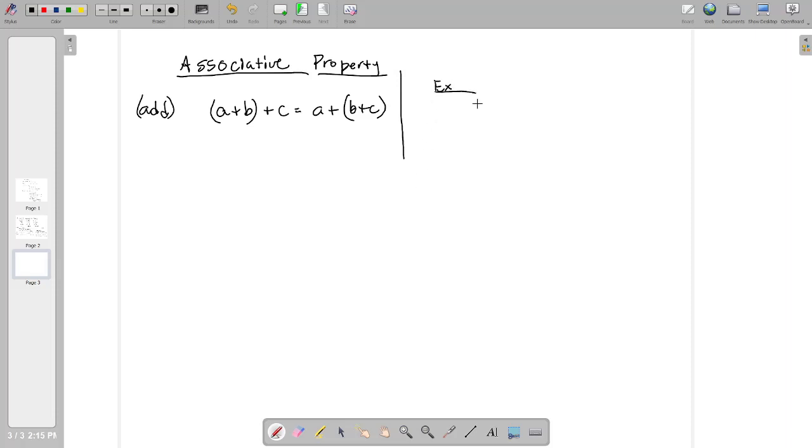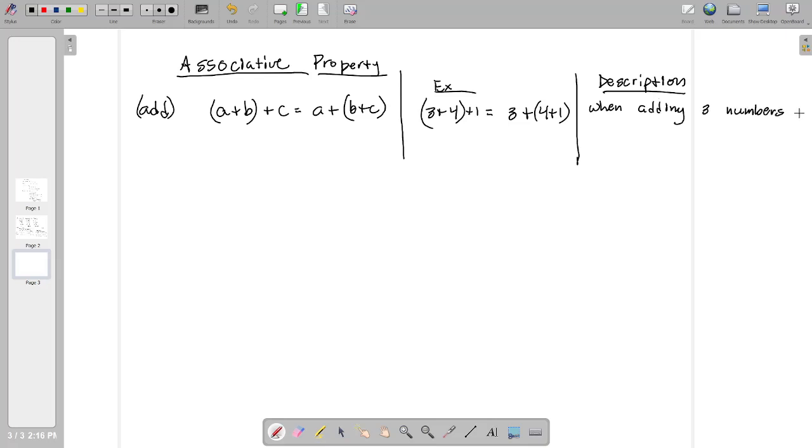We have our example. (3 plus 4) plus 1. That'd be 7 plus 1, is equal to 3 plus (4 plus 1). And our description. When adding three numbers, it doesn't matter which two are added first.